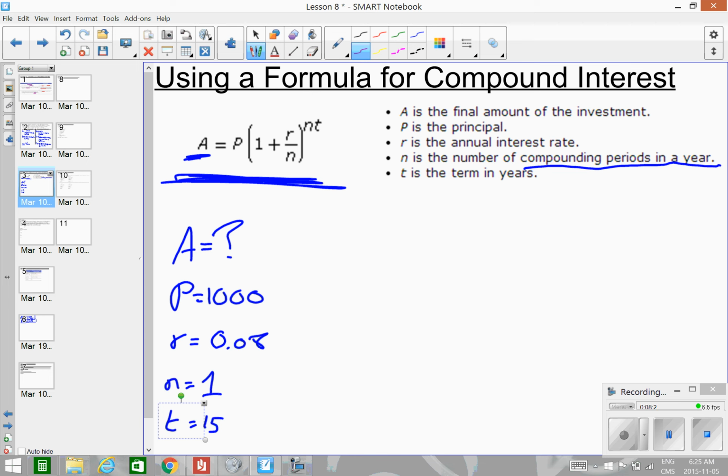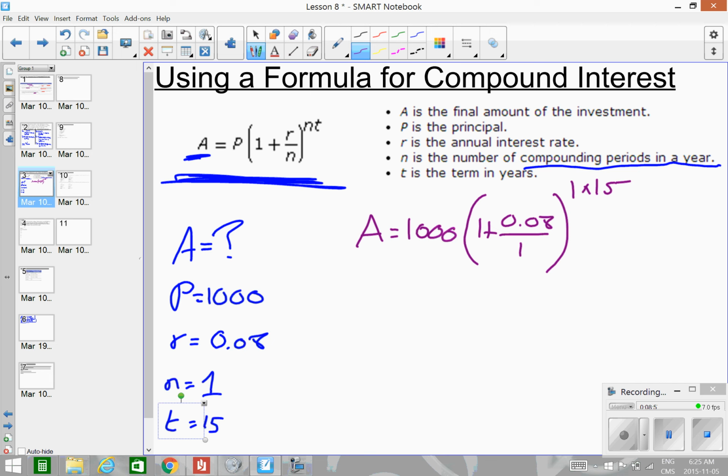So let's put these numbers into our formula. P was 1,000. Big bracket. 1 plus our interest rate was 0.08. Our number of compounding periods was 1. And our exponent is N times T, 1 times 15.